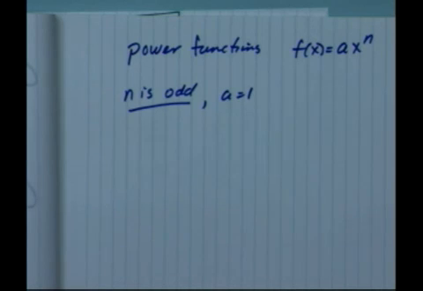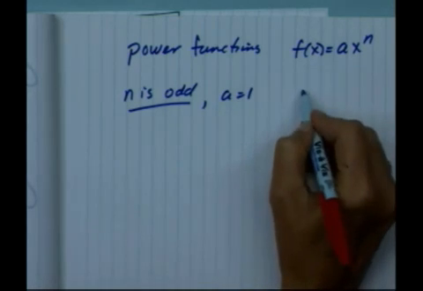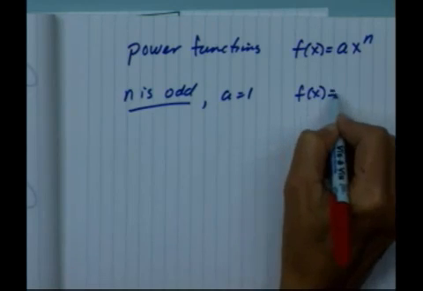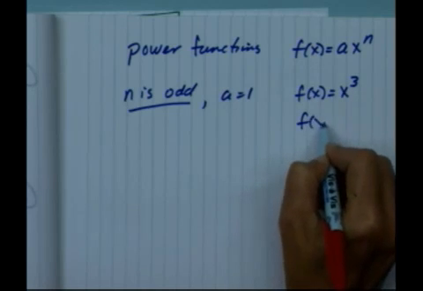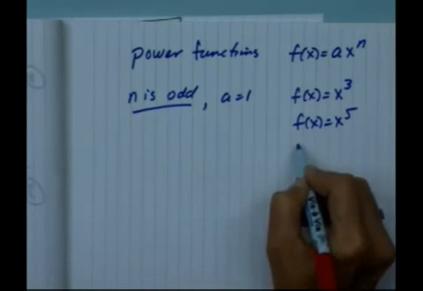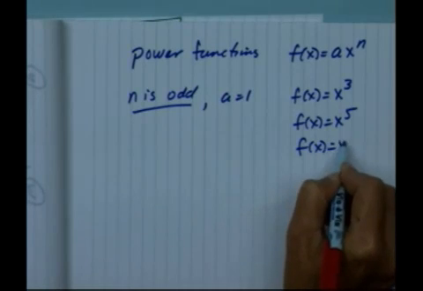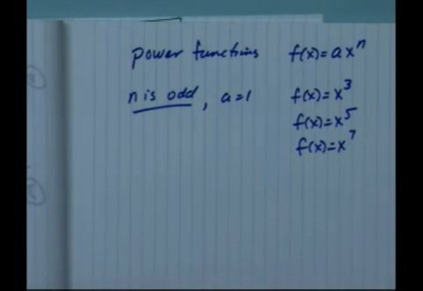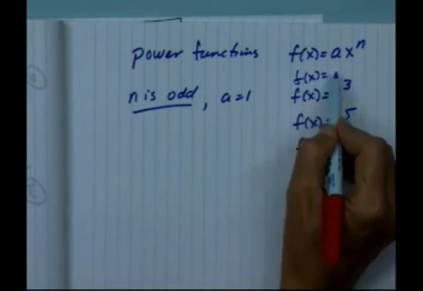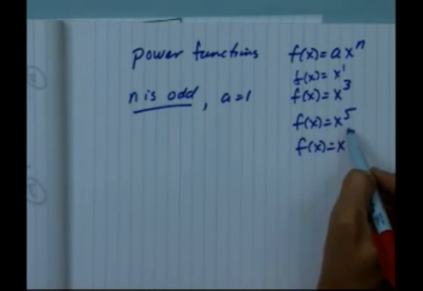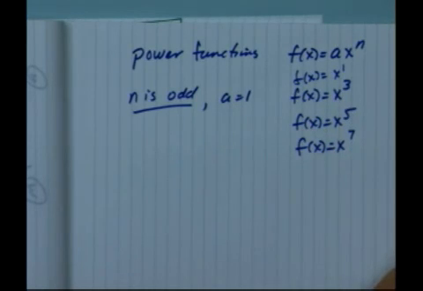That means I want to look at functions like f of x equals x cubed, f of x equals x to the 5th, f of x equals x to the 7th, and of course f of x equals x to the 1st. 1, 3, 5, 7, those are your odd numbers.